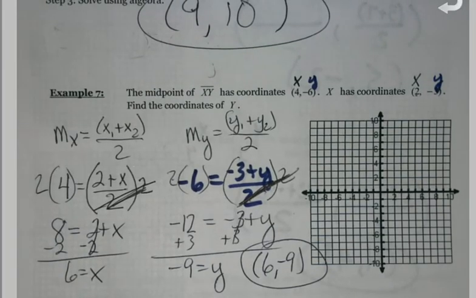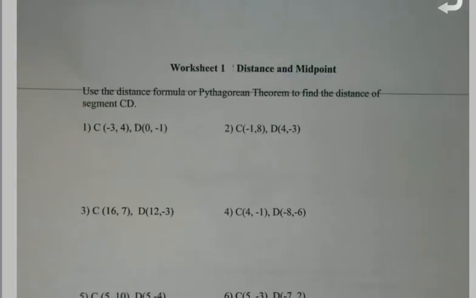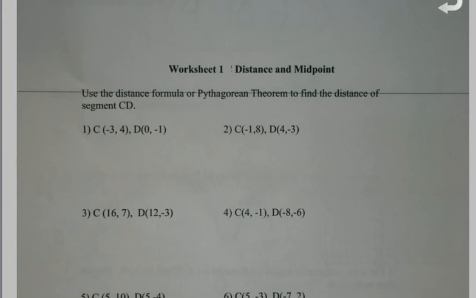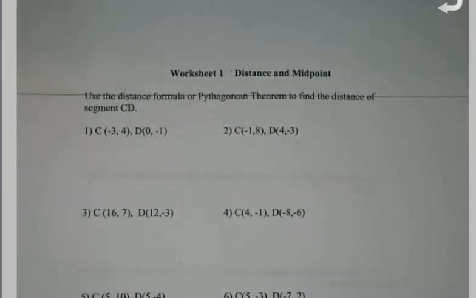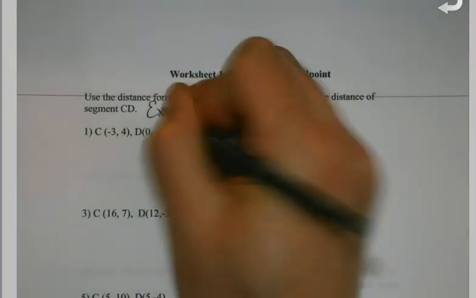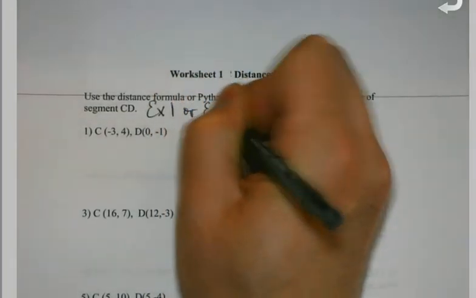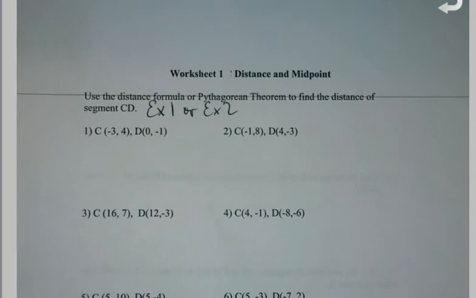So just to give you a little bit of a heads up on what examples will help with which problems, if we keep referencing back to the note sheet, it mentions when you get into the homework, use the distance formula or Pythagorean theorem to find the distance. So you would use example 1 or example 2 to help you on this first part, finding your distance.